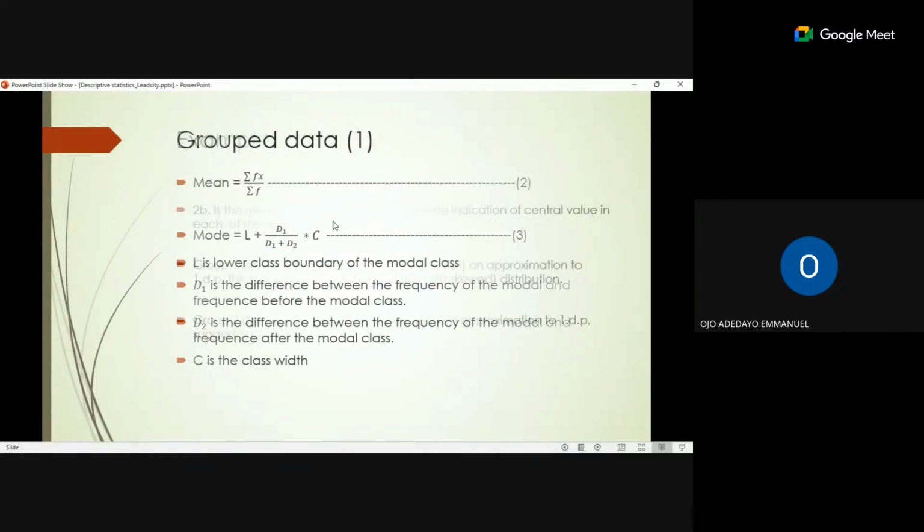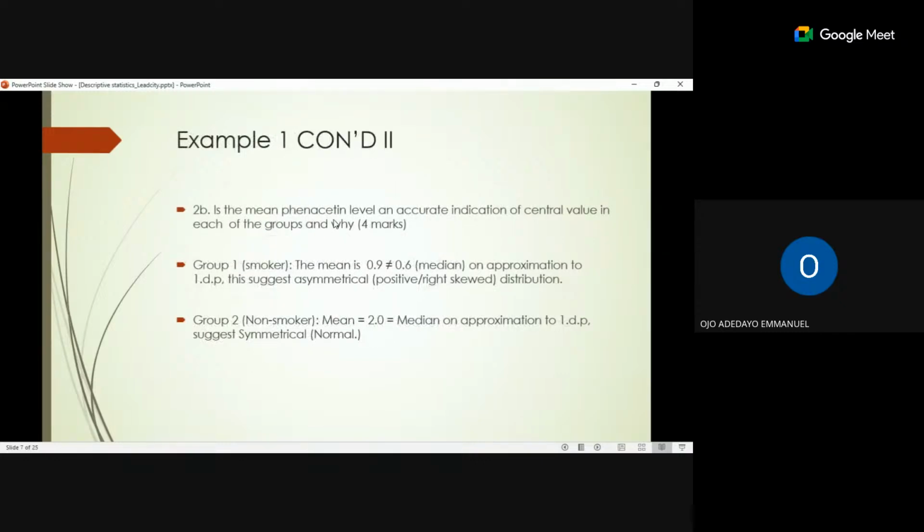Now, that is all for the group data. Remember that when we started, for those people that joined late, we talked about the fact that statistics is divided into 2. We have the descriptive statistics and inferential statistics. And then the descriptive statistics is also divided into 2. We have the graphical part and then we have the calculating part.